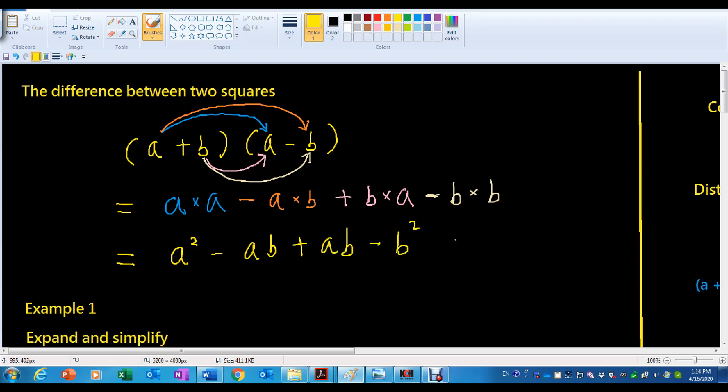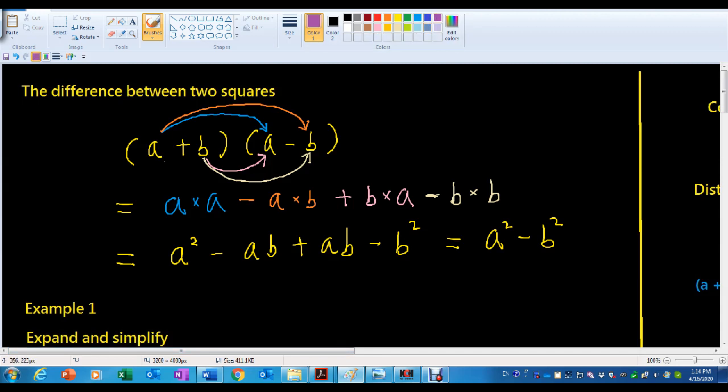Our final answer is a squared minus b squared, because minus ab and plus ab are like terms, one negative and one positive, so they cancel each other out. Make sure you understand why the answer is a squared minus b squared.